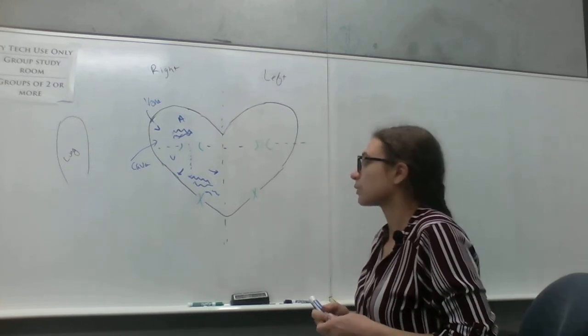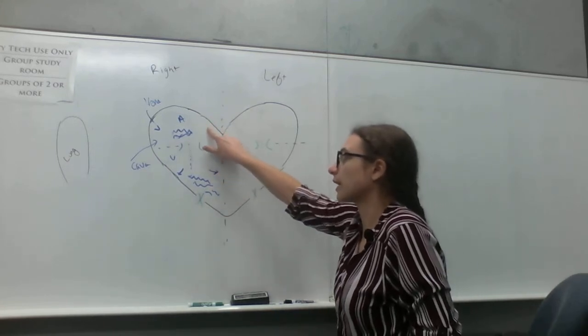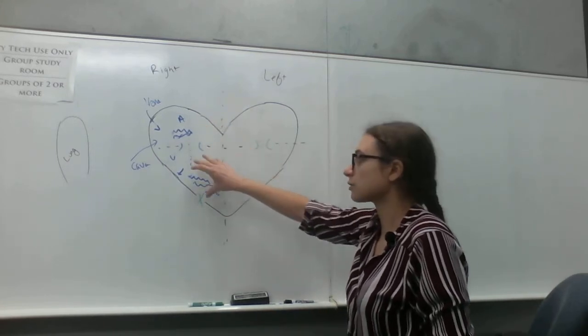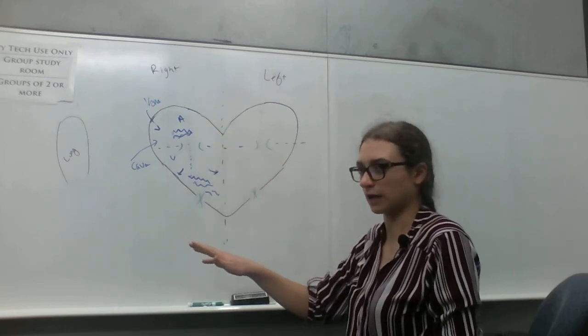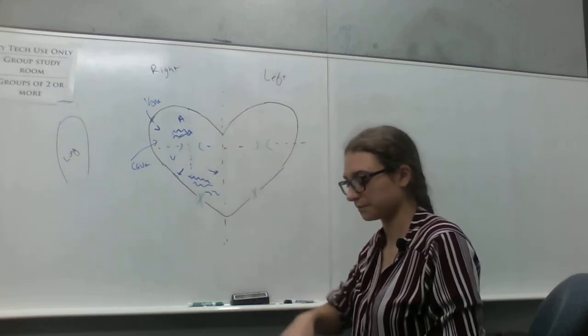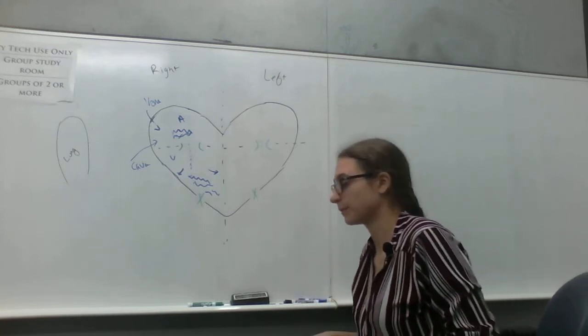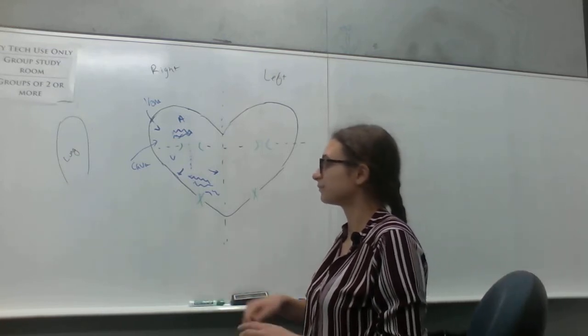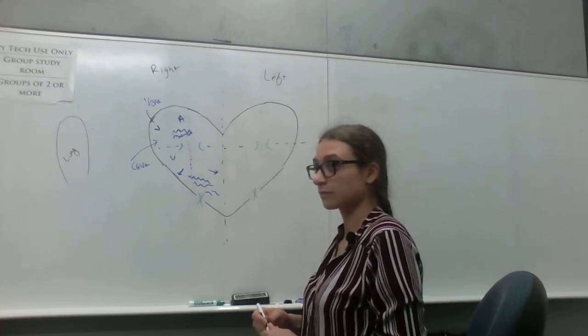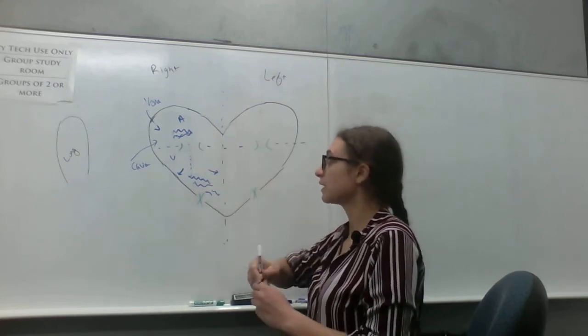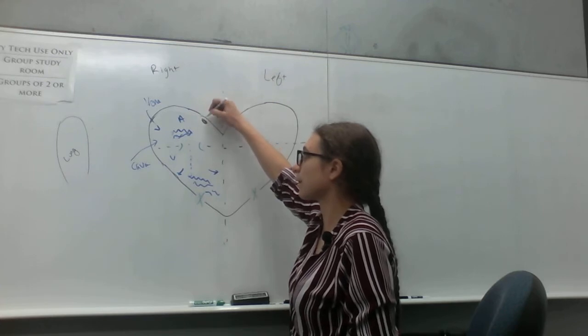Okay. So this stretching causes, remember when I drew it up here, the SA node? This stretching causes the SA node to fire, and by that it means an electric impulse. Okay. And what does that electric impulse do? The SA node fires. So the SA node's up here, okay?